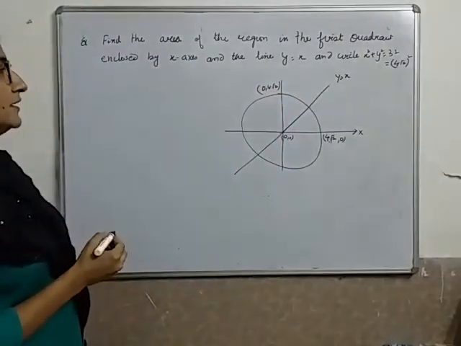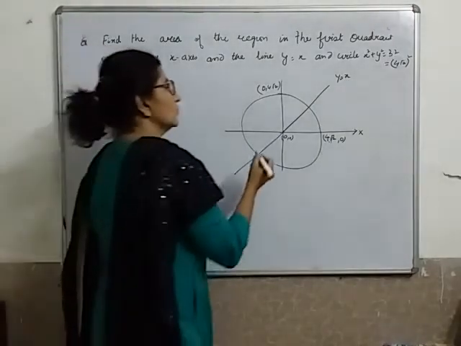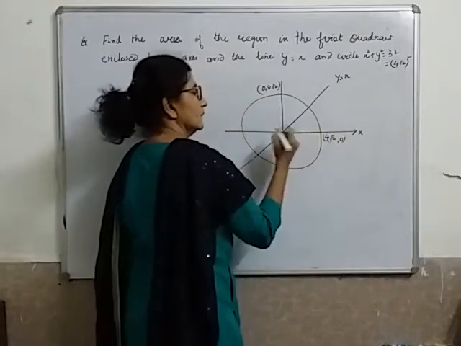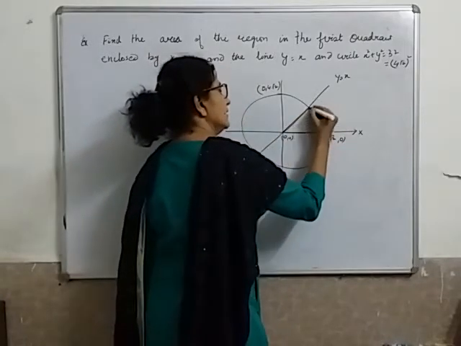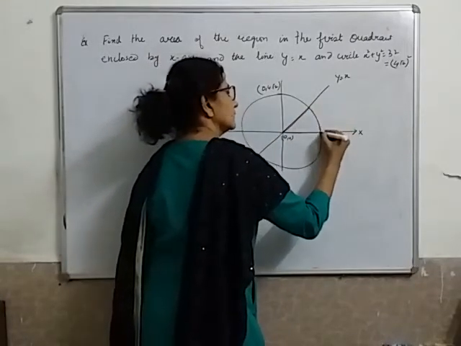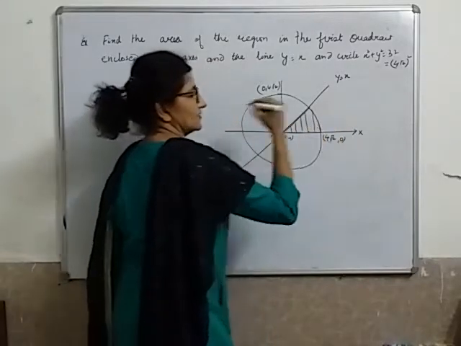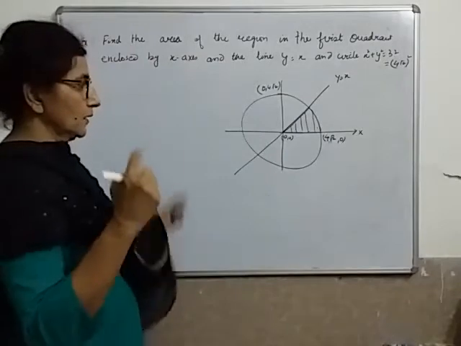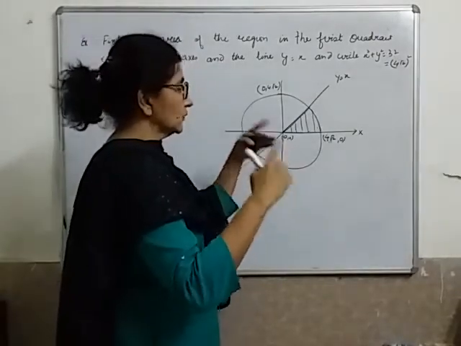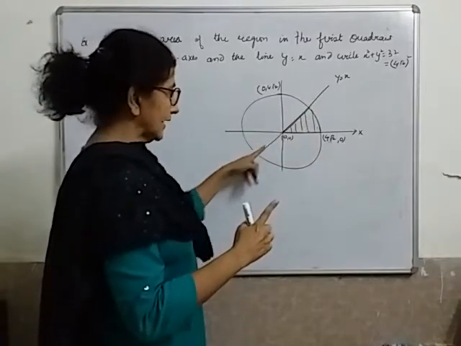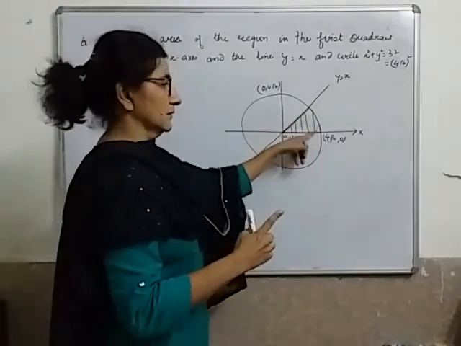I have to find the area enclosed by the x-axis, in the first quadrant, by the line and the circle. Means this is what I have to calculate. Question is clear?